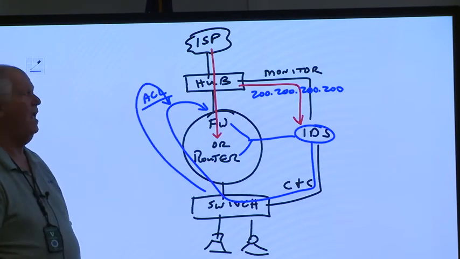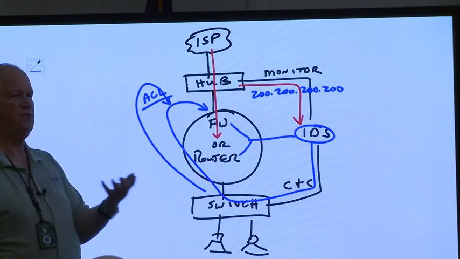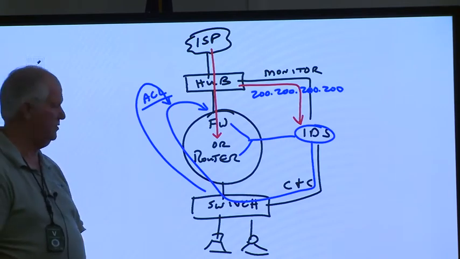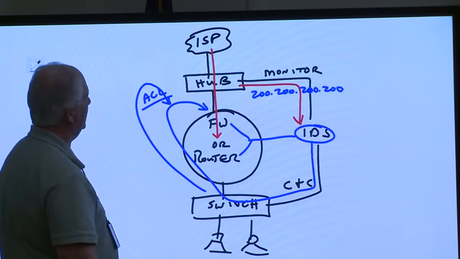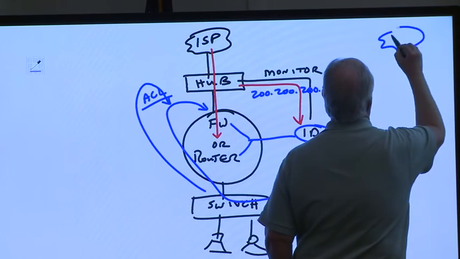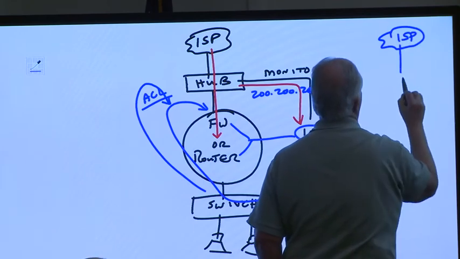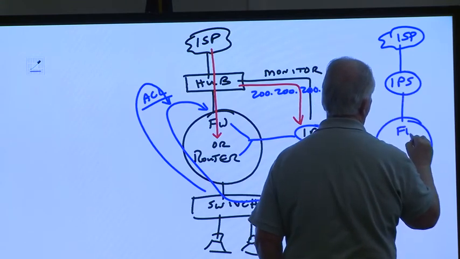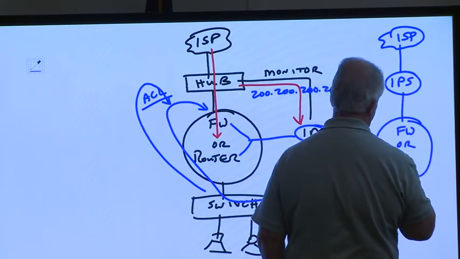Okay? So Cisco looked at this phenomenon and said there's a better way to do this. Could we possibly go from my ISP and put in an IPS before coming down to my firewall or router?